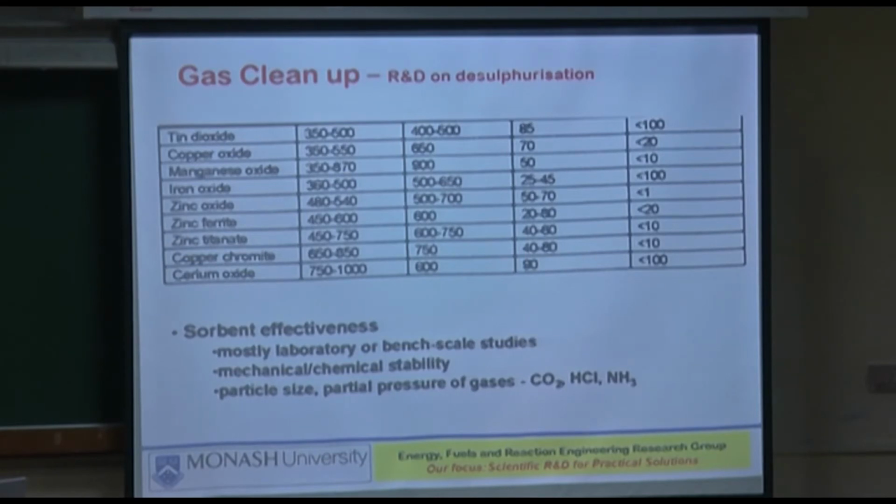These are the front runners that eventually were settled on: tin, copper, manganese, iron, zinc based ones, then of course cerium as well. We've listed them in increasing order of temperature.